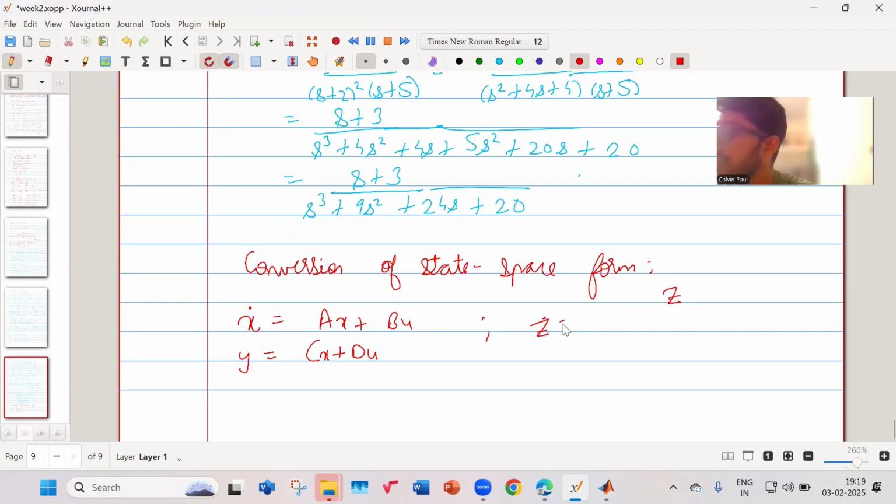And this z dot is equal to A bar into z plus B bar into u, and y is equal to C bar into z plus D bar into u. Both of these have the same transfer function. They will have the same characteristic equation or characteristic polynomial.